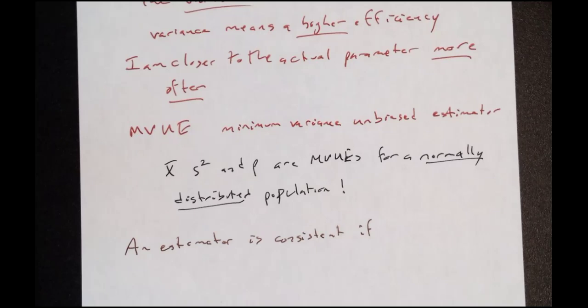Consistent in the mathematical, statistical sense means that you get closer to the right answer, the population parameter, as your sample size goes up. As you take larger and larger samples, your spread gets smaller. You become more consistent. Okay, yeah, I can see that. You become less variable. That's what they're using it as. Not quite the same idea.